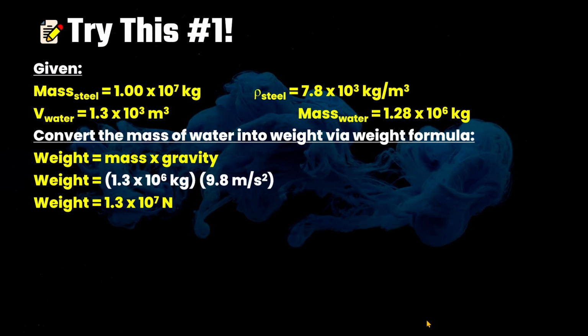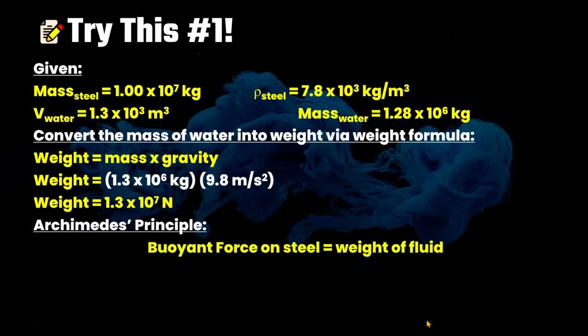The weight is 1.3 times 10 raised to 7. Take note of the unit. We're using newtons for weight since weight is a force. Then, by definition, Archimedes' Principle states that the buoyant force on the steel is just equal to the weight of the fluid displaced by the steel. So the buoyant force is equivalent to 1.3 times 10 raised to 7 newtons.